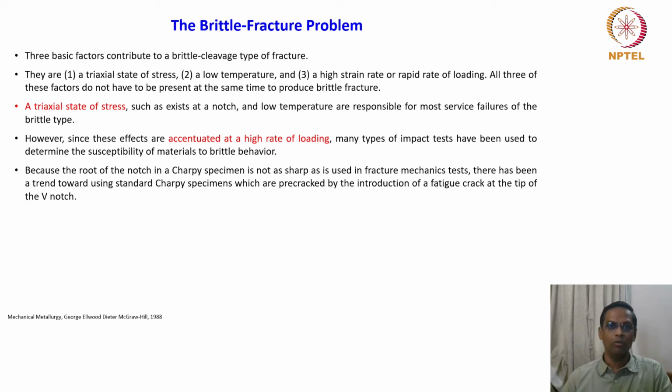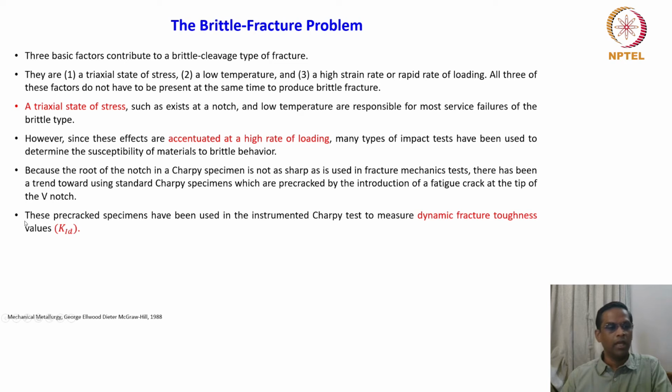So how are we talking about fracture toughness here? We'll see now. These pre-cracked specimens have been used in the instrumented Charpy test to measure dynamic fracture toughness values, which is K1D.